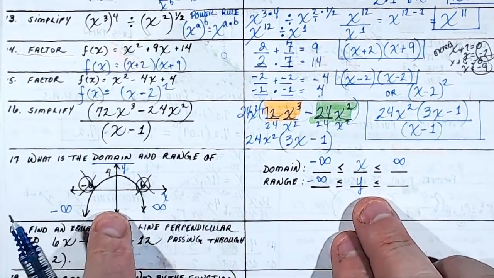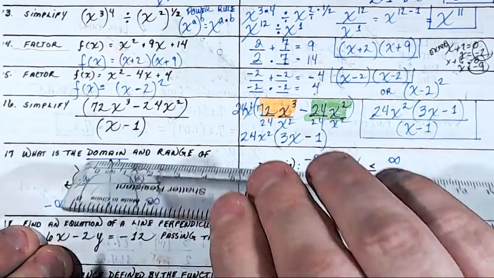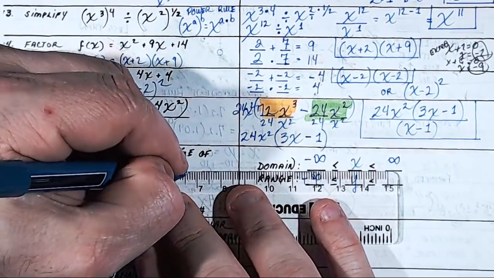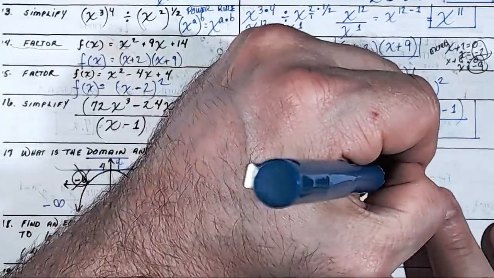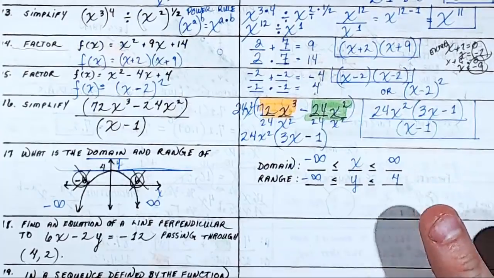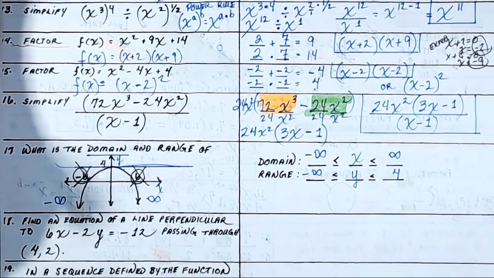Negative infinity less than or equal to y, less than or equal to the maximum value that y can be, which is where y equals 4. Can't go any higher than that. That's the upward threshold. So I put a 4 right here. And that's the answer to number 17.